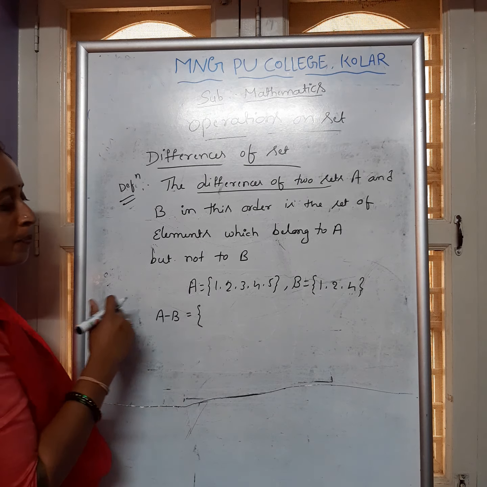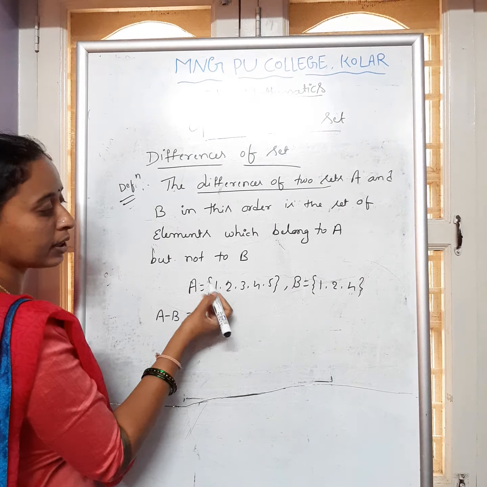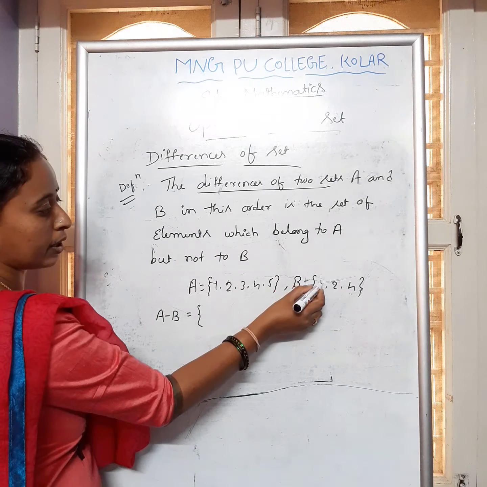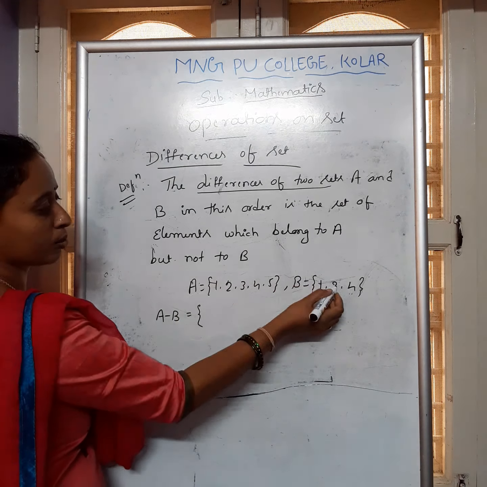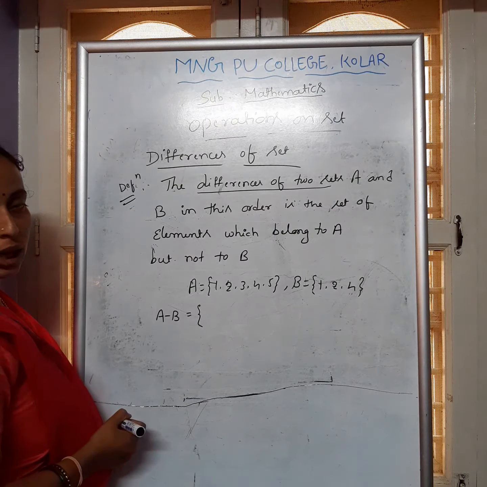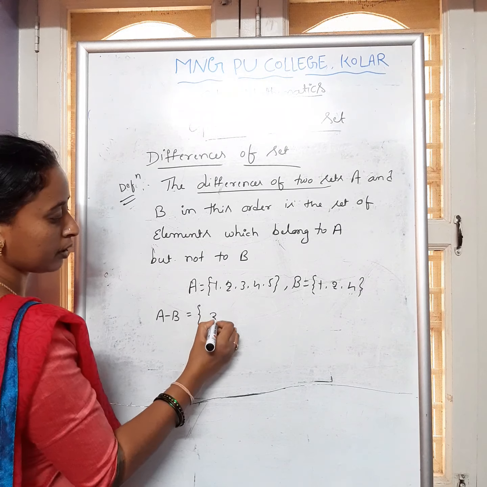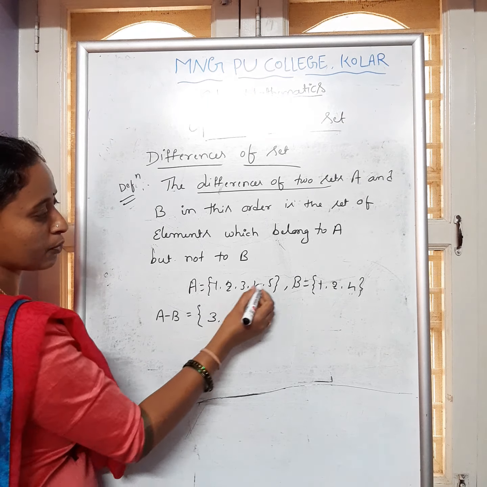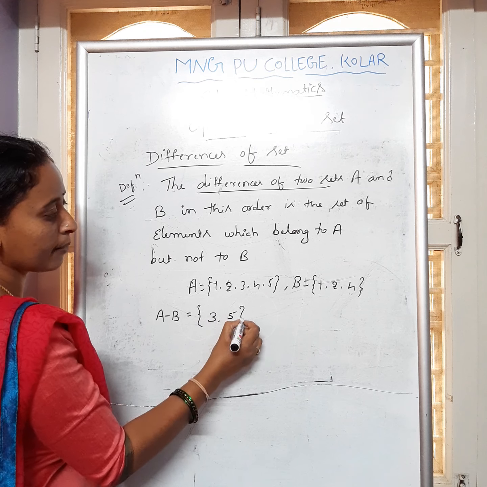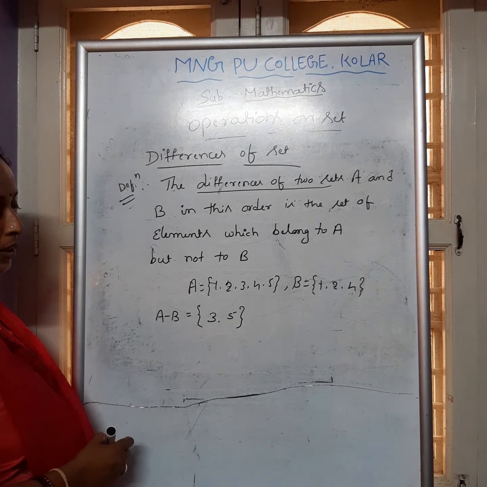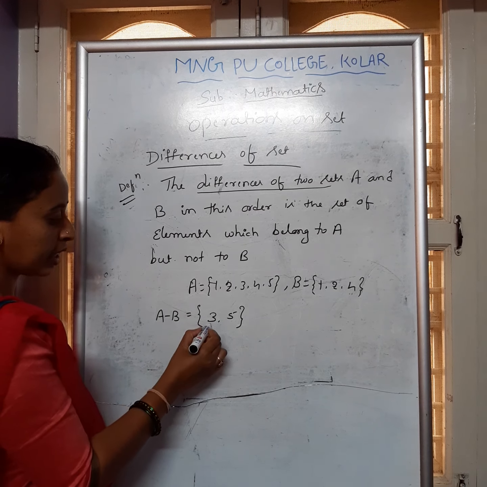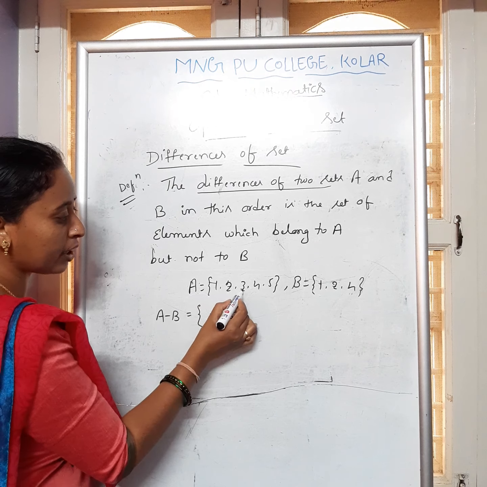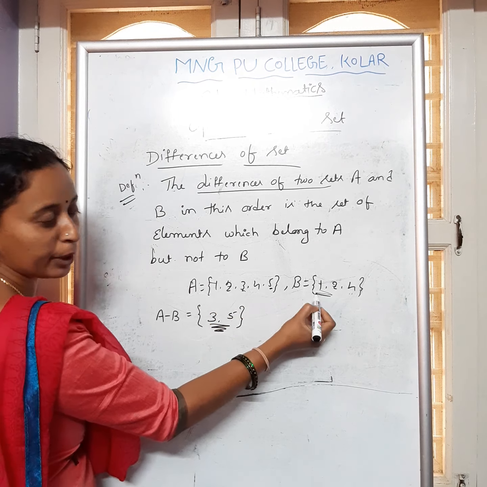So what are the elements? 1 cancel. Next 2, we remove the 2. Next 3, not there in B, okay, as it is. 4 cancel. Remaining is 3, 5. See, this 3, 5 is in A but not in B.